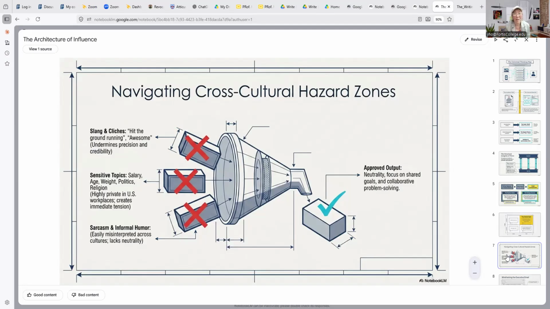Avoid sarcasm and informal humor. In some countries, they don't even tell jokes at the workplace unless you know the person really, really well. And it's better to stay neutral and not get too involved in office politics that you don't understand.